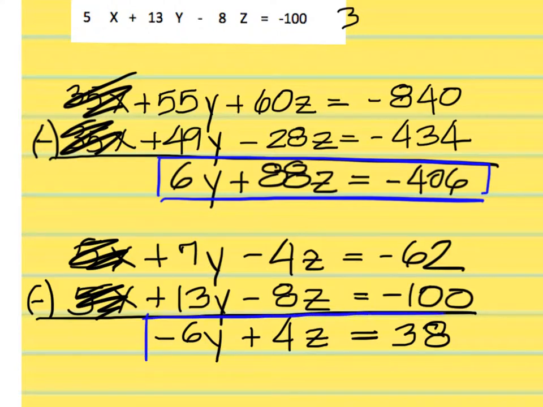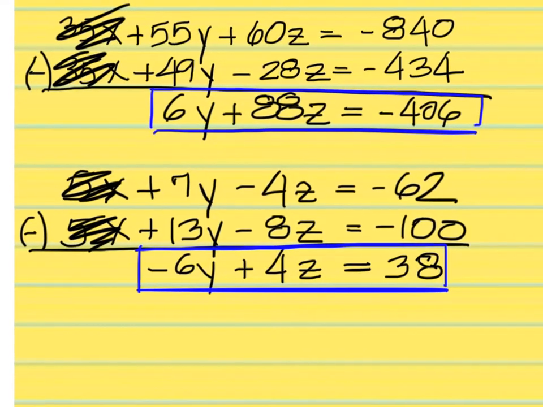You now have your second equation that has been generated. Go slowly and methodically, because if you put a wrong sign down, the rest of the problem is finished. All right, you have those two blue boxes that we have created.